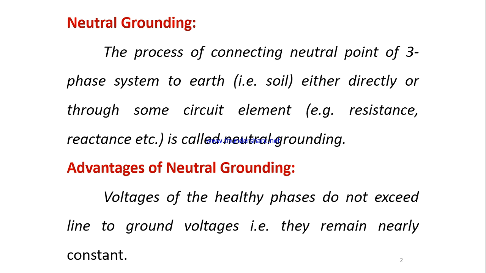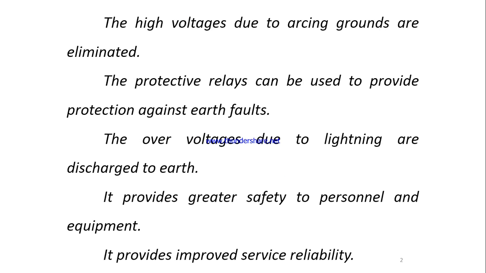Next, neutral grounding is used for grounding the neutral point of a three-phase system to the earth, either directly or using some circuit element. What are the advantages? The healthy phases have limited voltage, within limits. The high voltages due to arcing grounds can be eliminated.